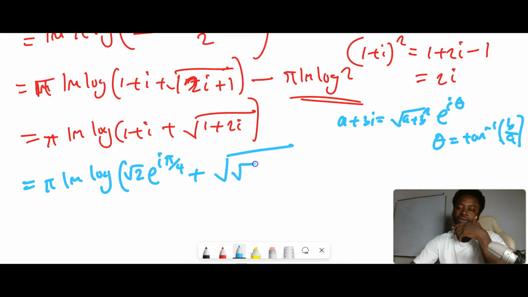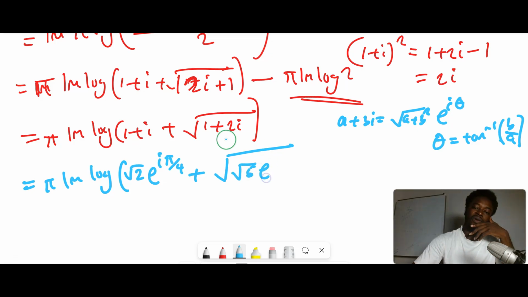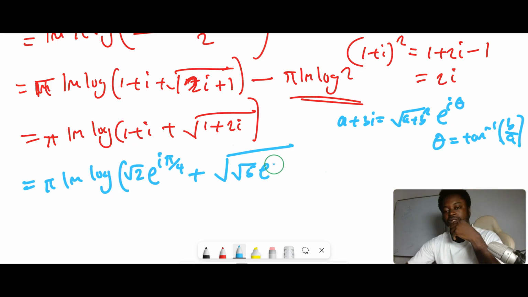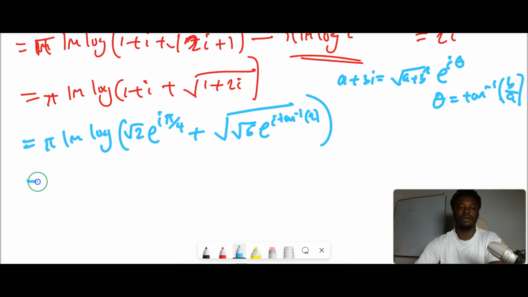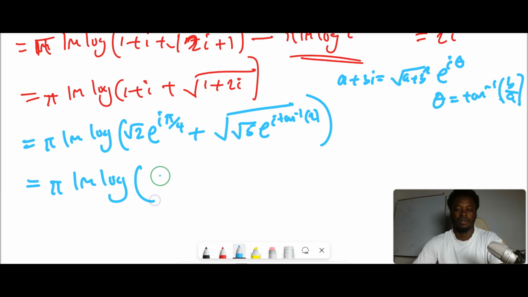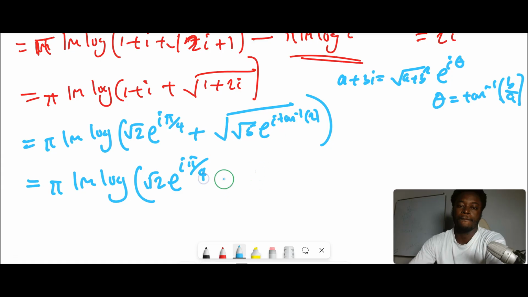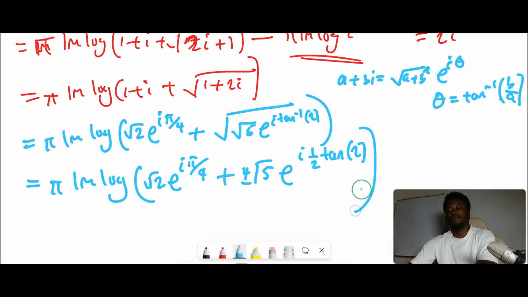So you have the square root of 5 times e to the i times the argument, which is tan inverse of 2 over 1, so e to the i tan inverse of 2. Then this equals pi times the imaginary part of the logarithm of the square root of 2 e to the i pi over 4, plus the fourth root of 5 times e to the i times 1 over 2 tan inverse of 2.